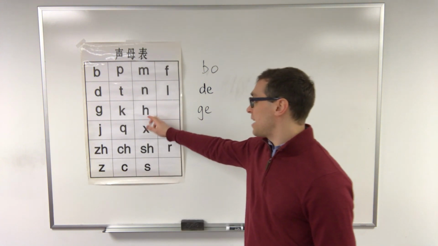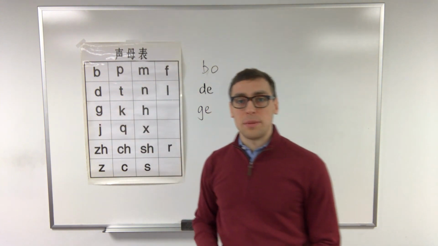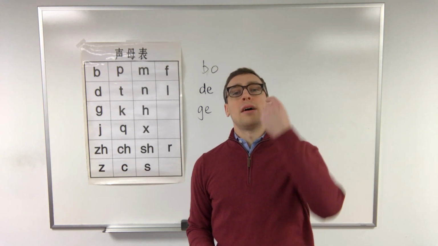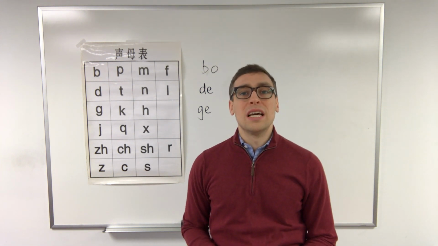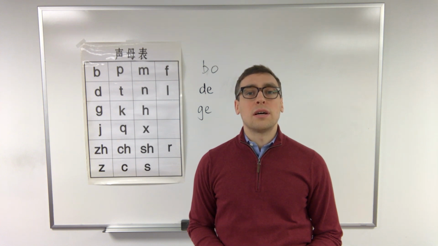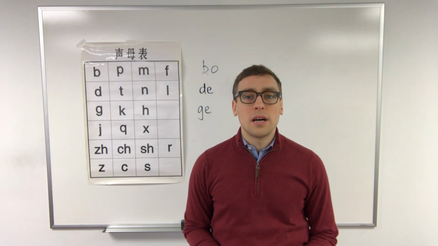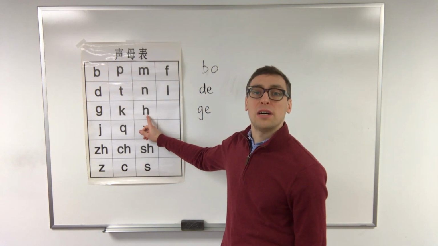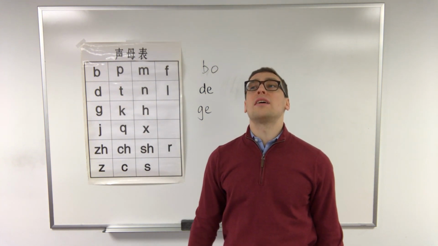And the Chinese H and all of these, to be honest, all of these on this line are produced a little farther back towards down your throat. 歌, 科, 呵, 呵. You might hear someone really accentuate that 呵 sound. It almost sounds like 呵.